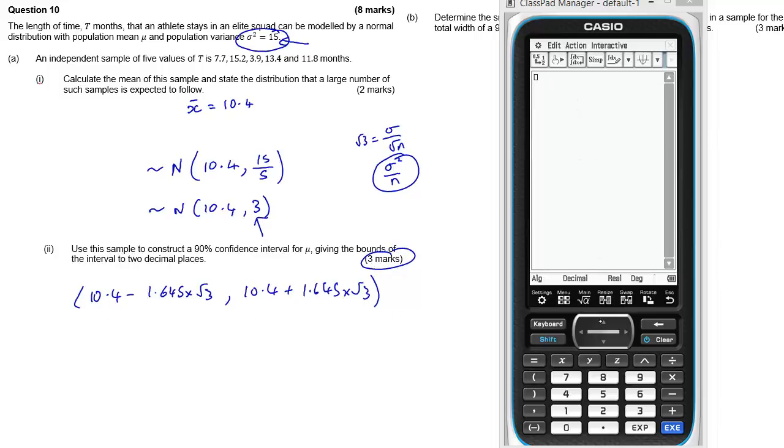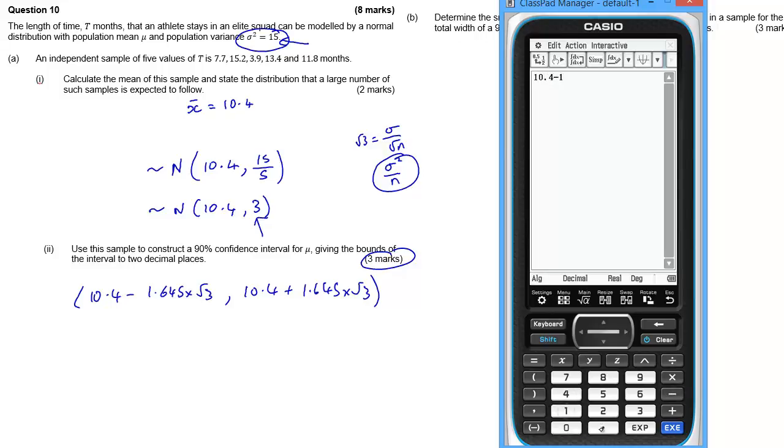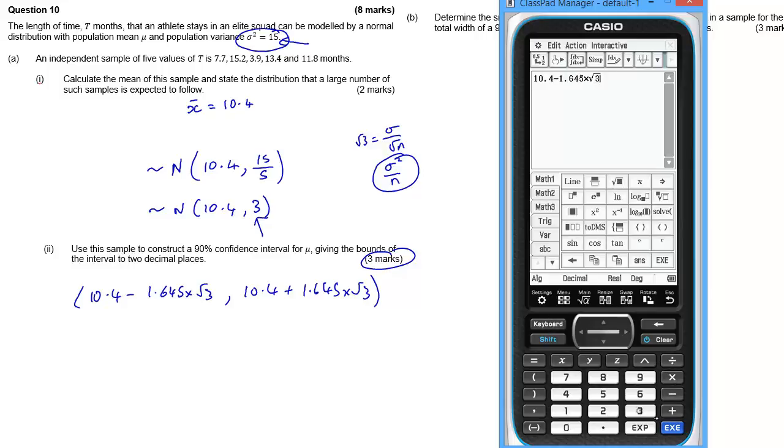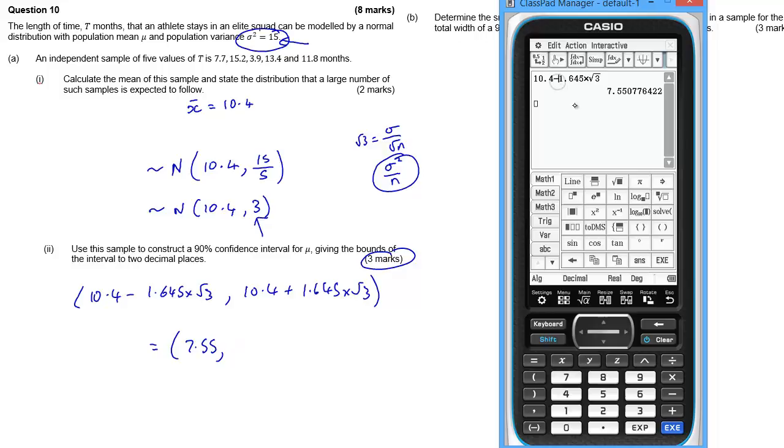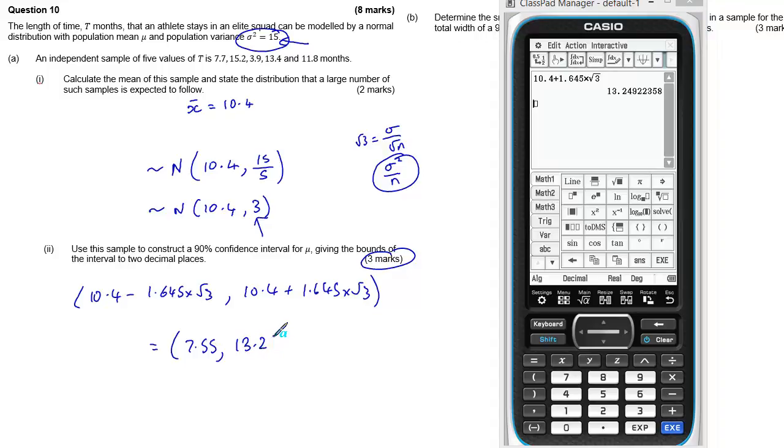So all we need to do is calculate. So we've got 10.4 take away 1.645 multiplied by the square root of 3. That gives us 7.55. And then if we just go back and change that one to a plus, 13.25. And it's not a bad idea to check these things.